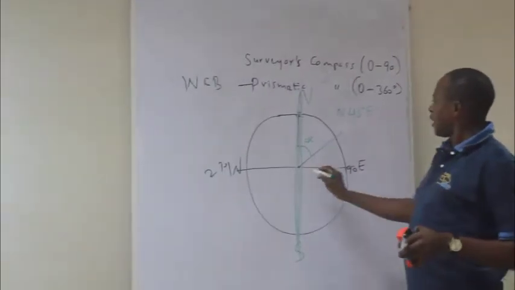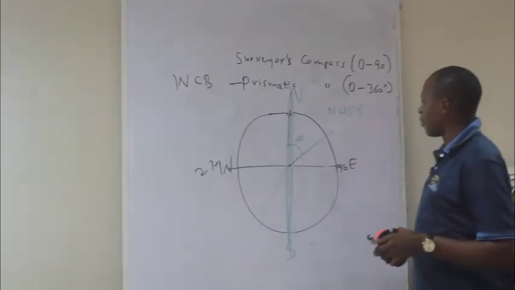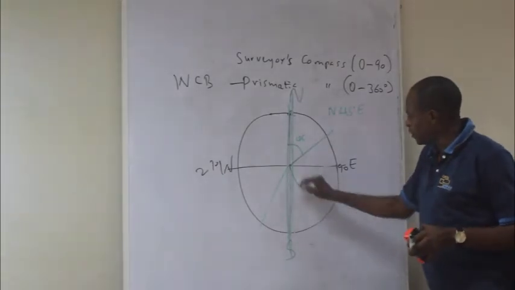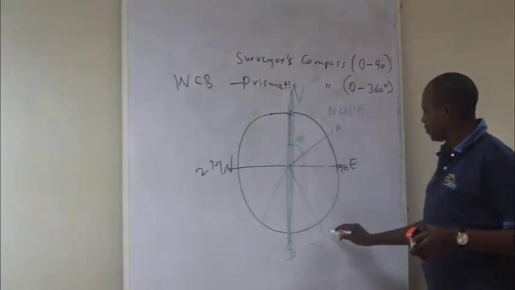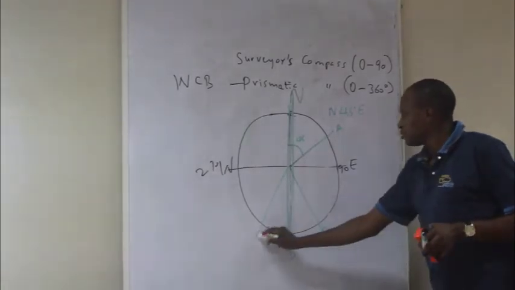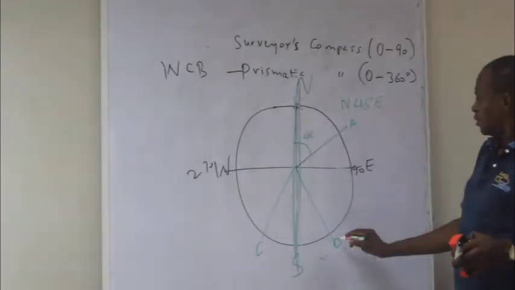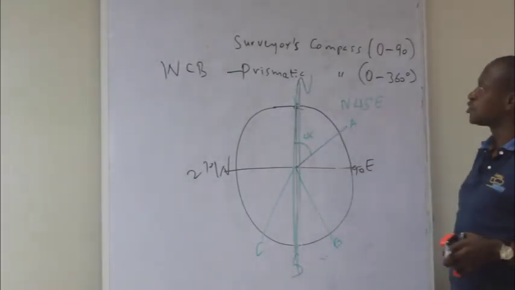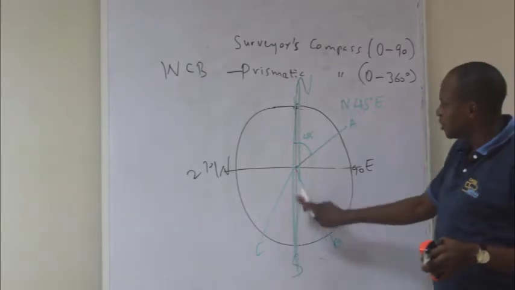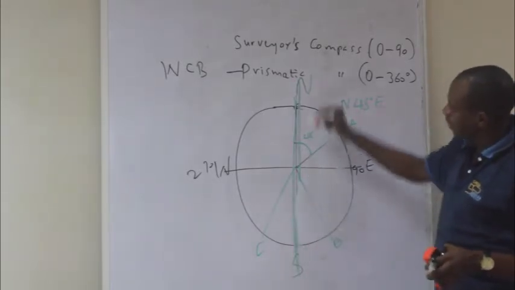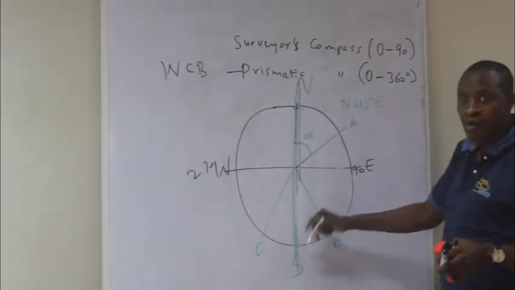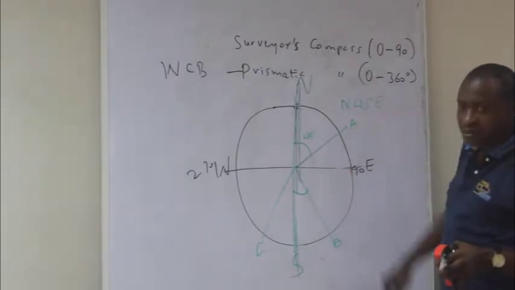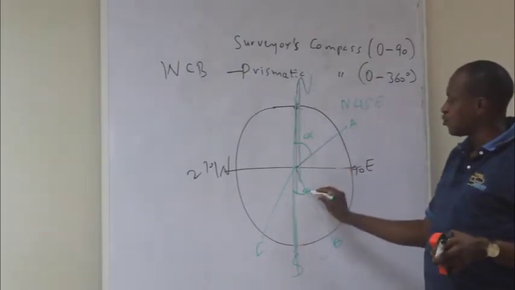If it takes from here or from here, let's call this one A, B, C. If you want to determine the bearing of this B using a Surveyor's compass, it will take reference from the south. I told you it's either from the north or from the south using a Surveyor's compass. In this case, it is going to take it from the south and go this way.